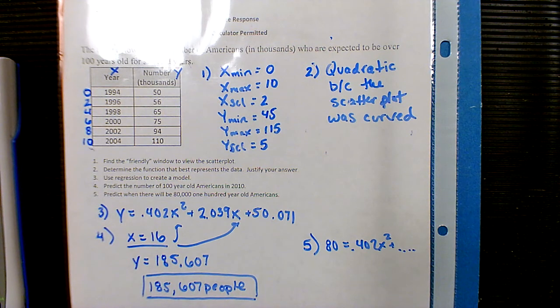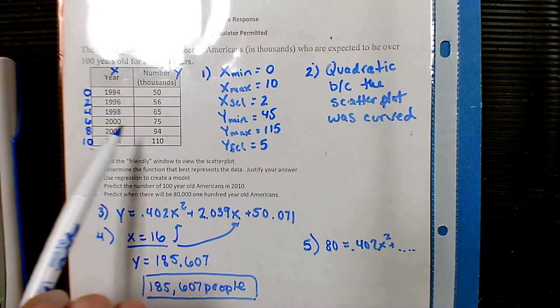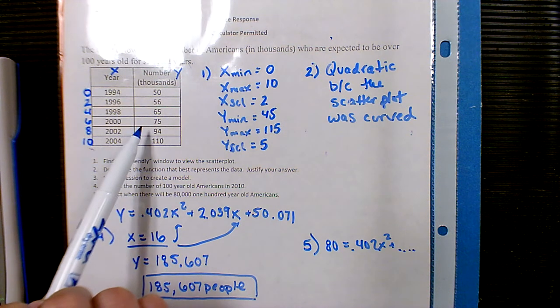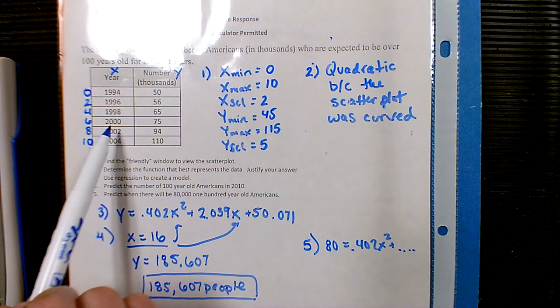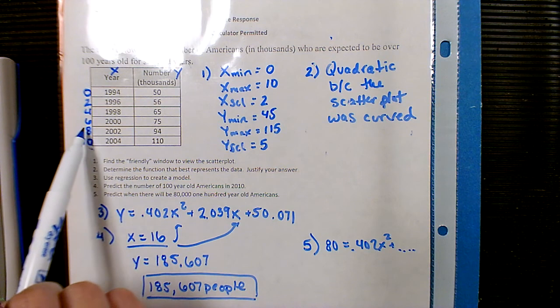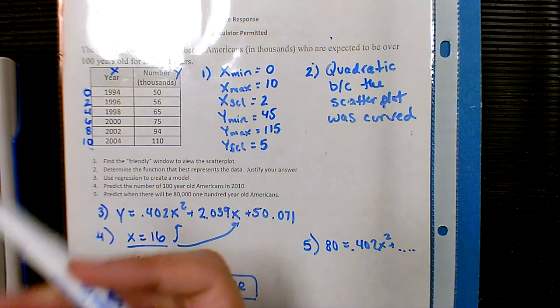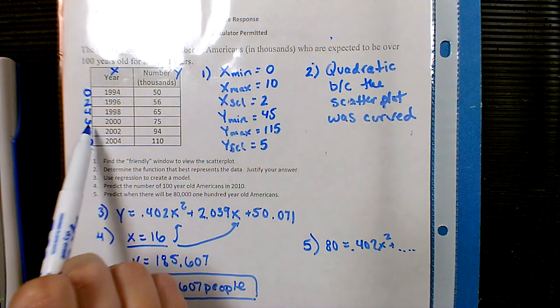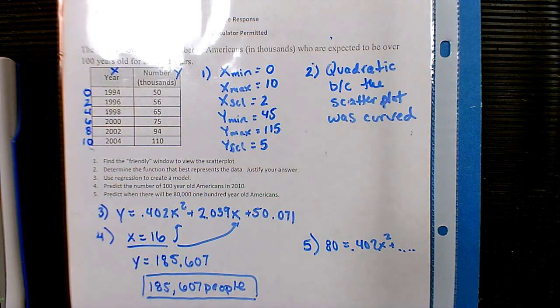What do you think? Maybe 7. Okay, so notice how 80 is in between 75 and 94. So the time would be somewhere in between 2000 and 2002, which means our x number should possibly be between 6 and 8. Maybe 7. Maybe we'll get a decimal answer, like we're halfway or a quarter way through a year. But at least we can have a rough idea about what our answer should be.